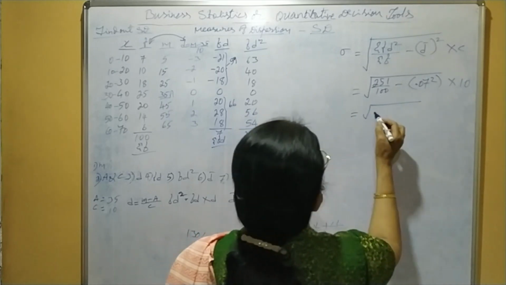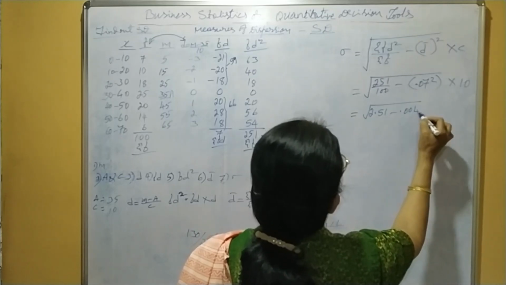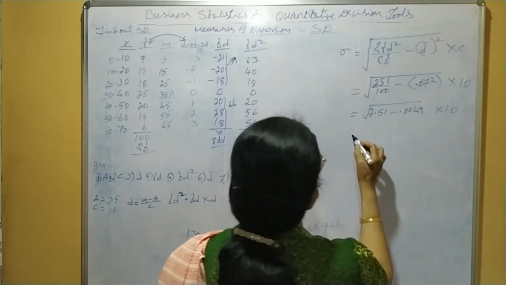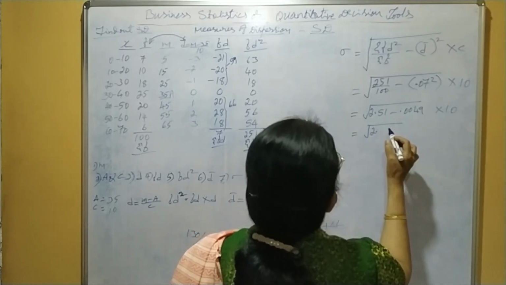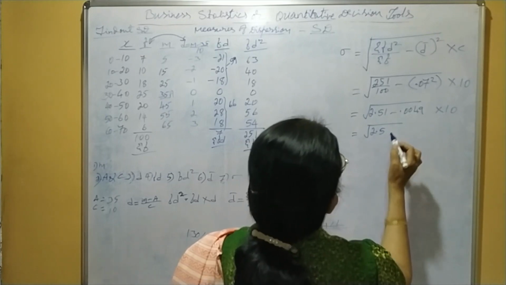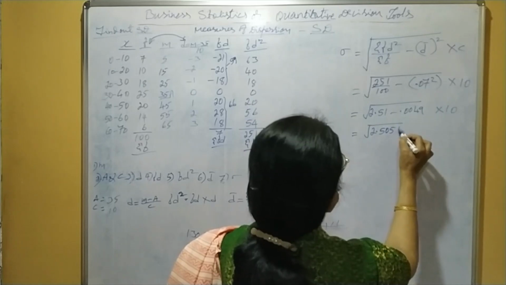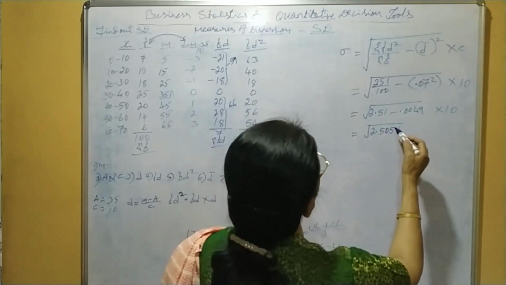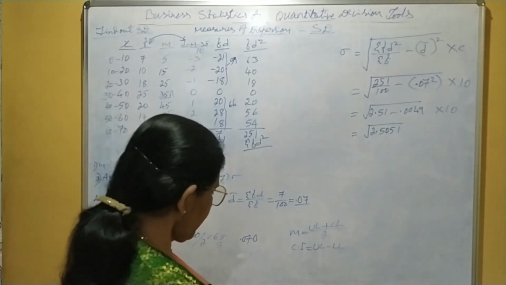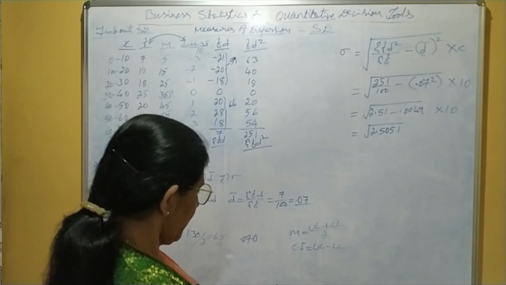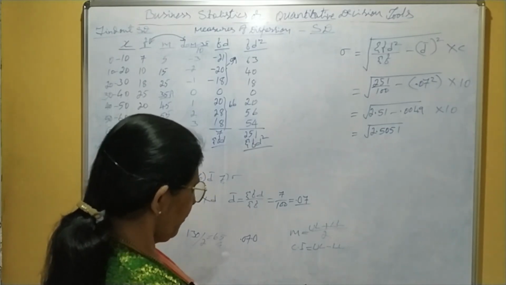Square root of 2.51 minus 0.0049, into 10, equals square root of 2.51 minus 0.0049, which is 2.5051.